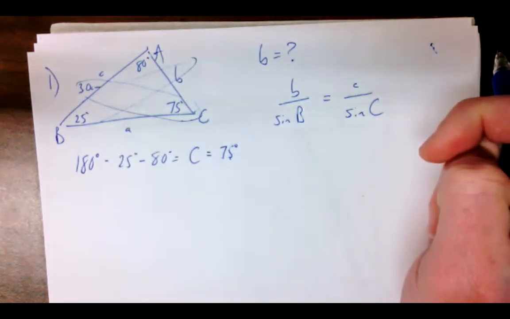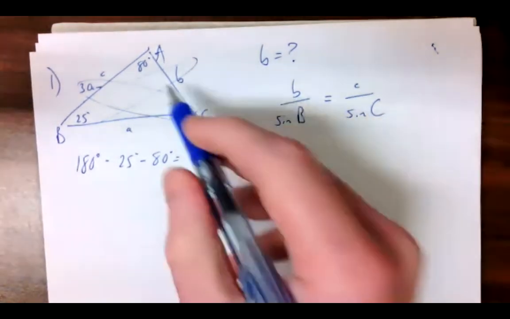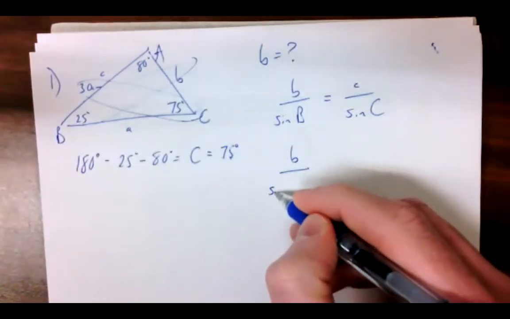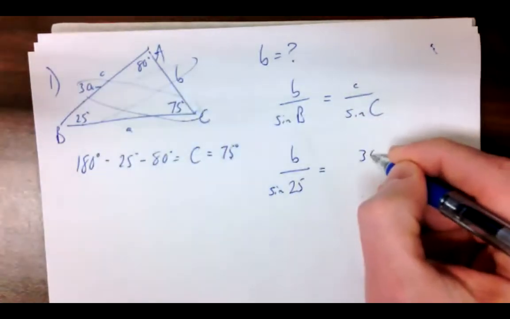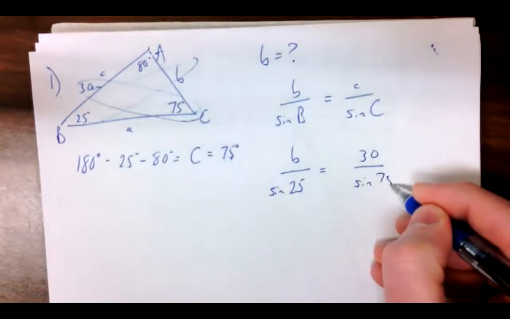All right, I'm going to assume that everybody's good. I'm still recording, right? Okay, so little b, we don't know what that is, but sine of B is sine of 25, and then little c is 30, and then sine of C is sine of 75.